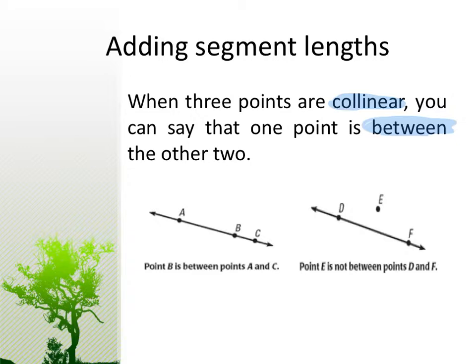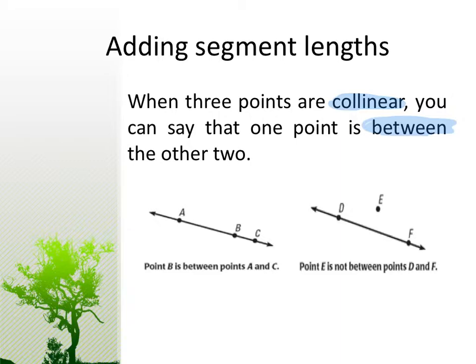Now we're going to talk about adding segment lengths. We are going to be using adding segment lengths quite a bit. You're going to use the segment addition postulate throughout your proofs coming up.